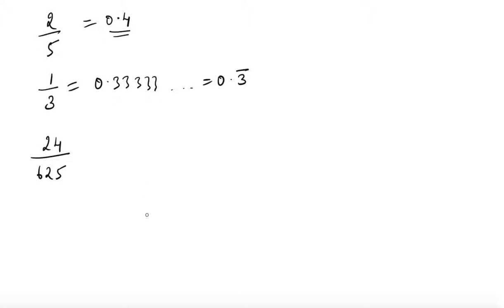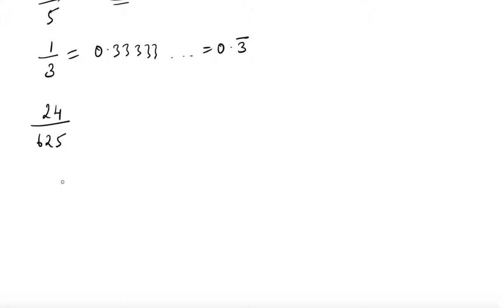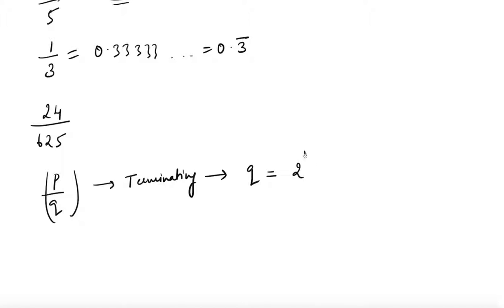The point is, a rational number is in the form of p by q. Now if a rational number is terminating, this can happen only when q can be represented in the form of 2 to the power of n into 5 to the power of m, where n and m are whole numbers.